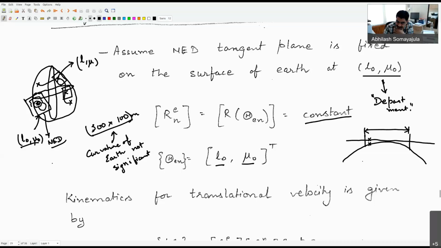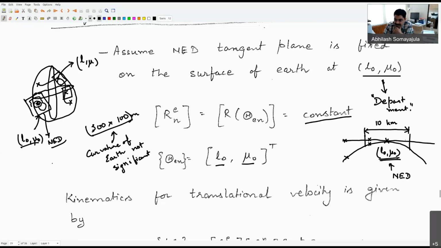If I start wandering more away, then these distances will start making a difference. A typical order is about 10 kilometers with respect to my L0 and mu0. I may be able to get away by just looking at the latitude and the longitude difference and mapping them into the NED frame, which is defined with respect to this base point.